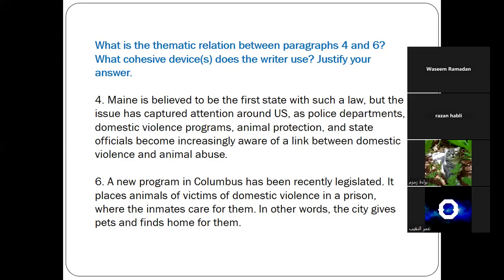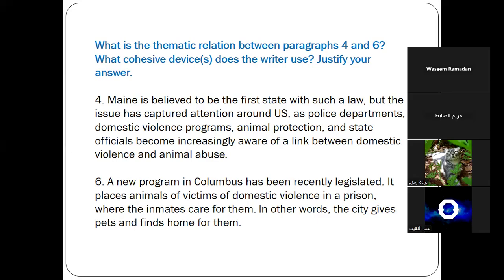Do you see at the beginning of paragraph 6 a pronoun, he, she? No. Do you see a demonstrative pronoun or adjective, this, that, these, those? No. Good. Then it's indirect, and we still have two possibilities, either using a synonym or repeating the keyword.